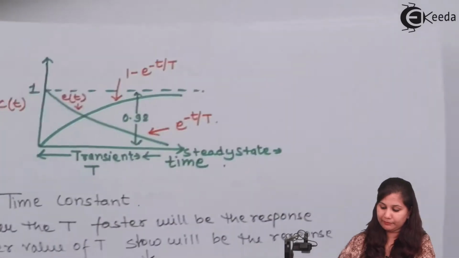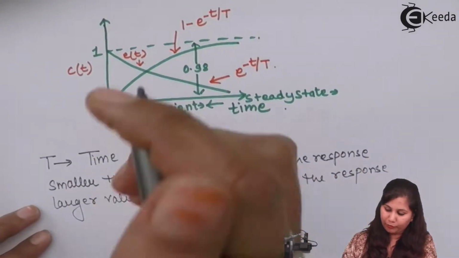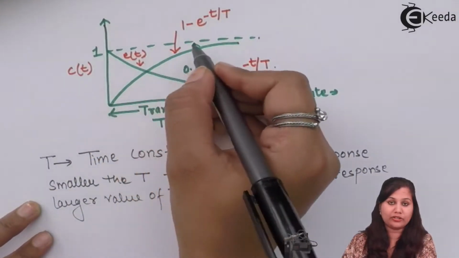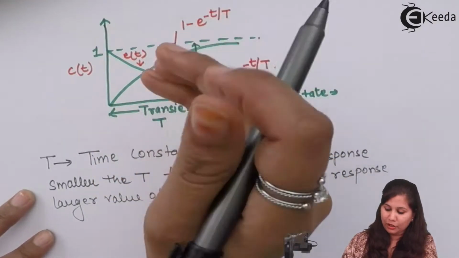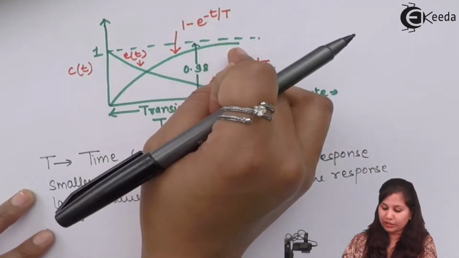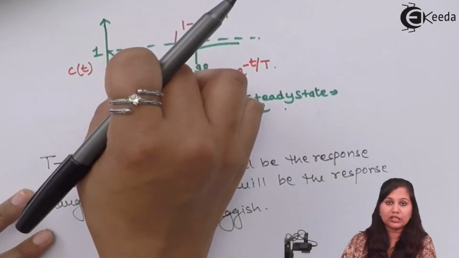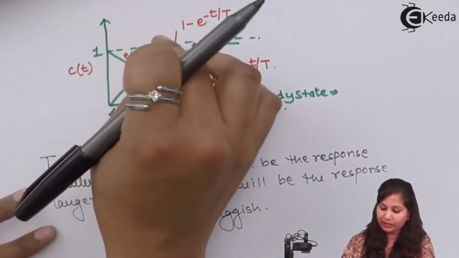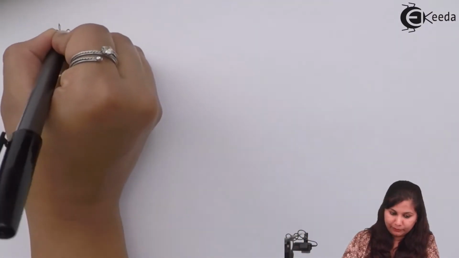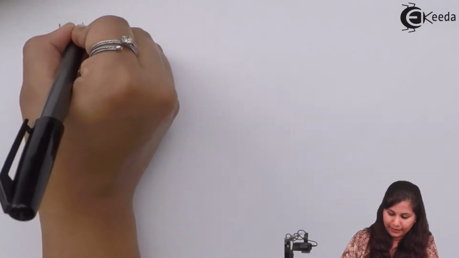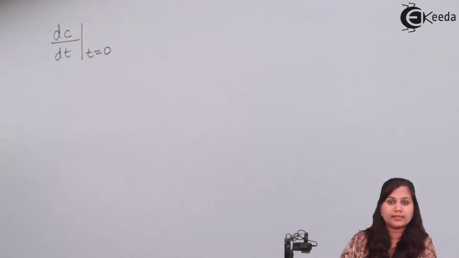Now, in this graph of the output with respect to time, we have seen that the output increases exponentially. This is 1 minus e raised to the power minus t by T. If we find the slope, it will be equal to dc by dt at t equals 0.